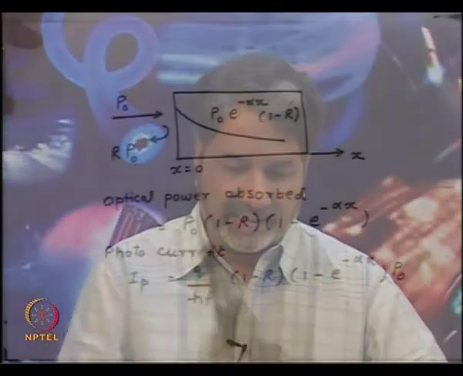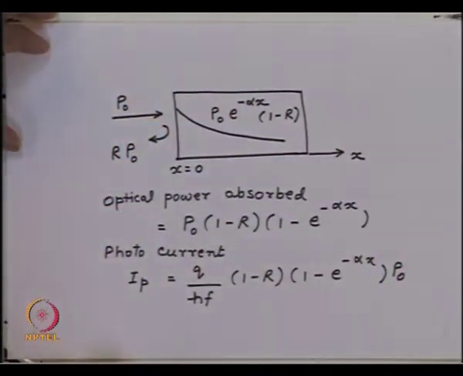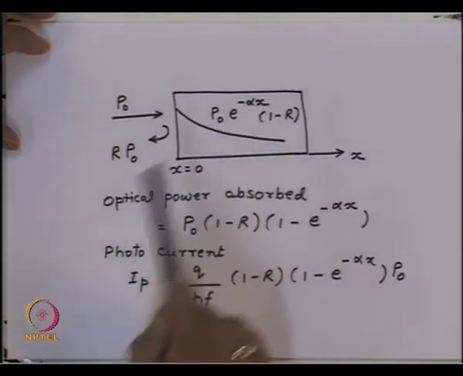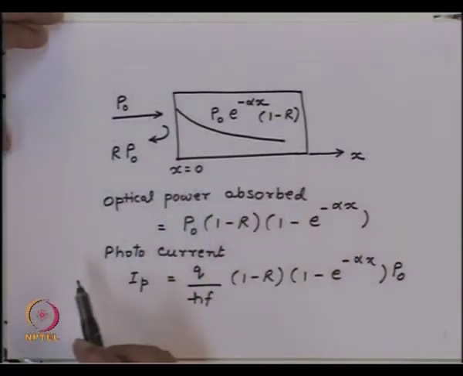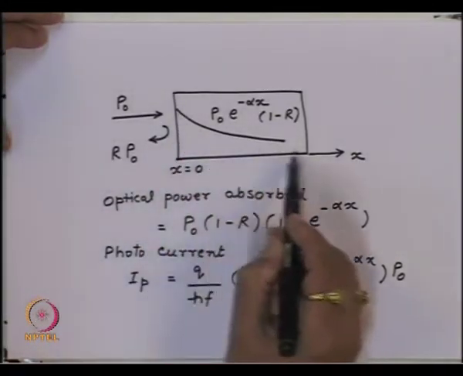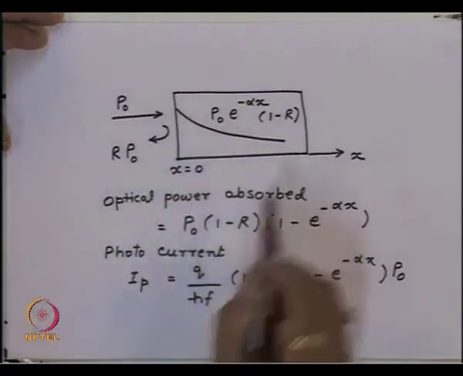Then we took a very simple analysis. If an optical beam is incident on a semiconducting material which has an absorption coefficient alpha, then the light will get absorbed inside this material. So, the light intensity will exponentially decrease as the beam propagates inside this material.